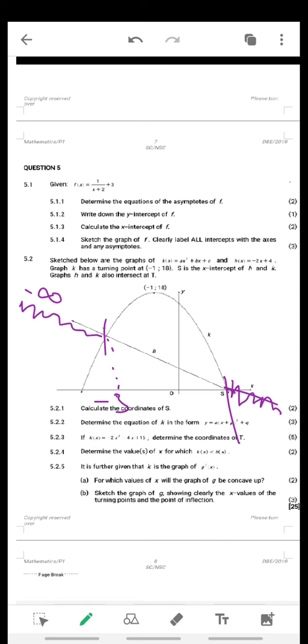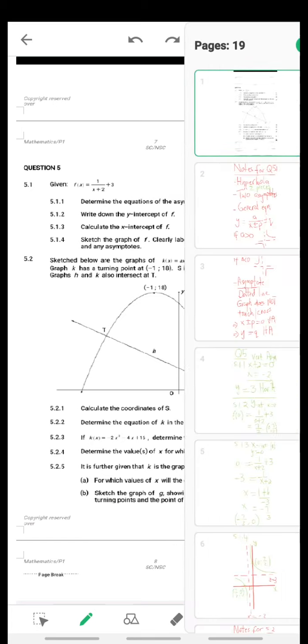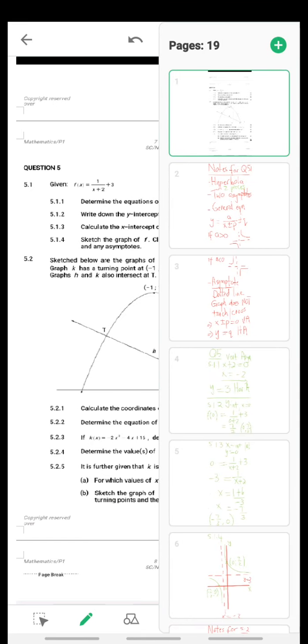So as a result, the other values of x where h will be on top of k are all the way down there. So h will be on top of k also there, which is what? Remember, S was (2, 0), meaning from 2 up to positive infinity. You see that? Good.